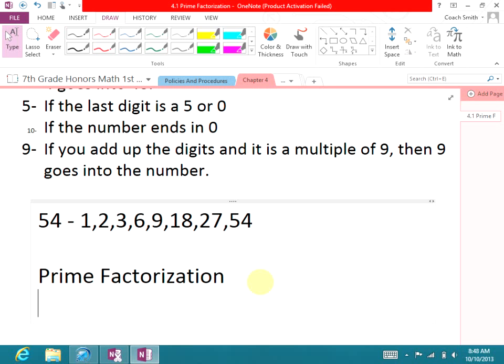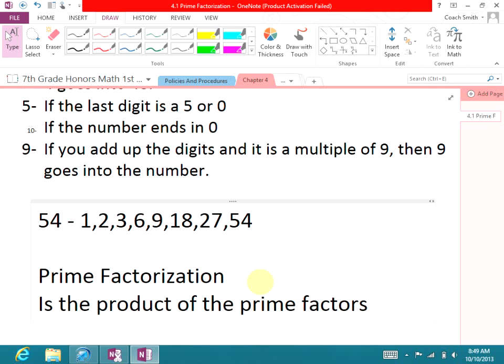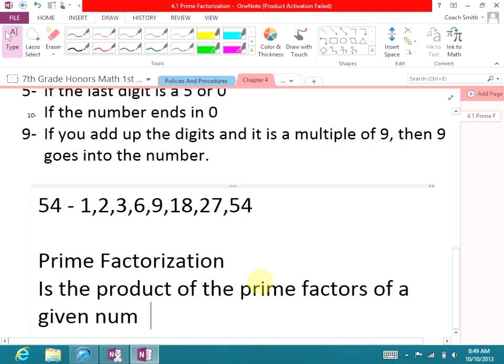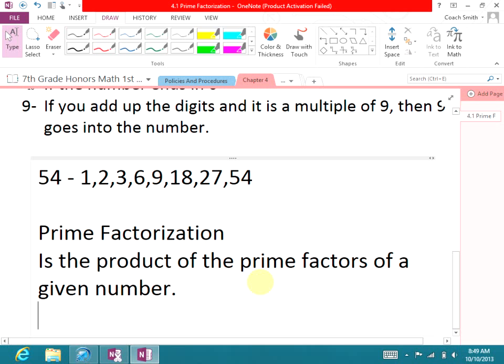All right. Prime factorization, okay, is the product of the prime factors of a given number. Okay? There's two ways to prime factor.